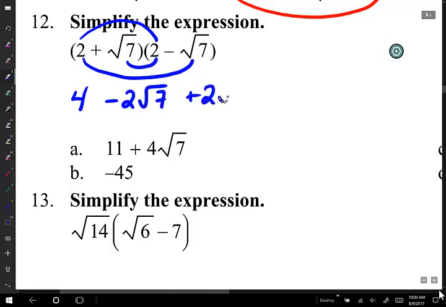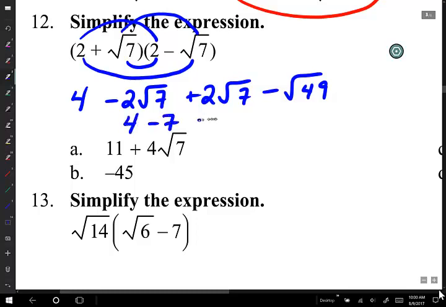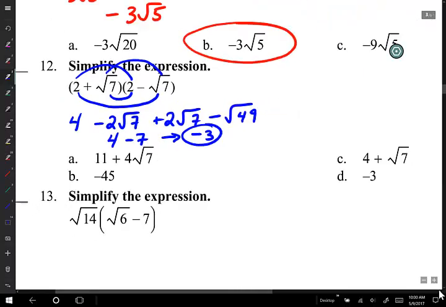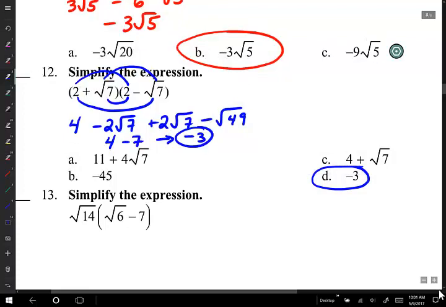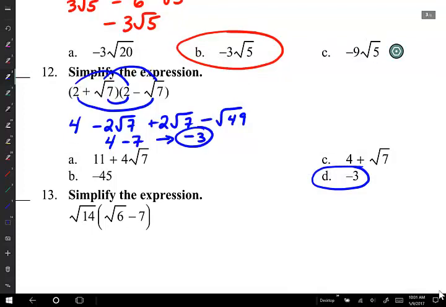Inside, plus 2 root 7. Back, or last, minus root 49. The middle two terms cancel out. We're left with 4 minus 7, which is an answer of -3. Super simple because they are conjugates and the middle two terms cancel out.